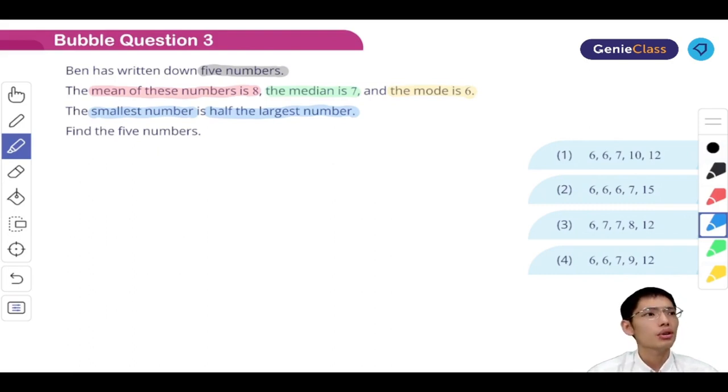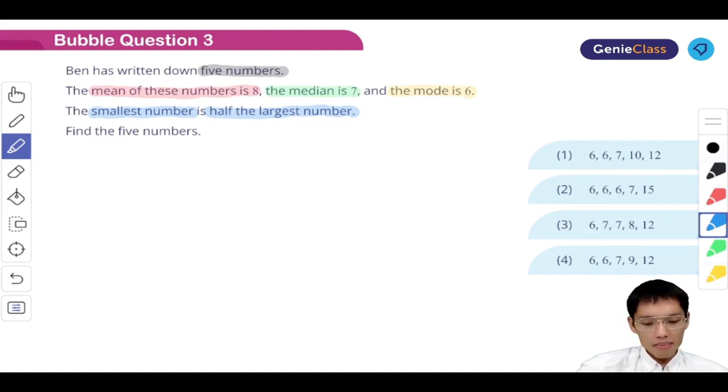For those of you still answering, you have about 30 seconds. This is a little tricky, and in fact, this is modified from an O-level style question. Last 10 seconds. Last 5, 4, 3, 2, 1.